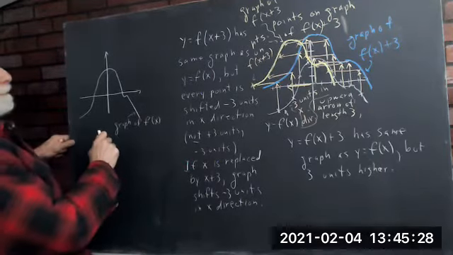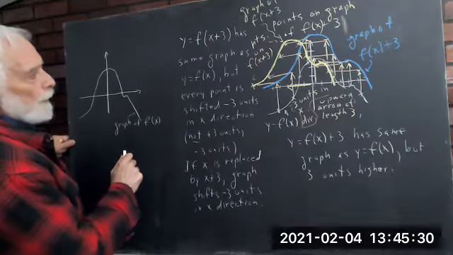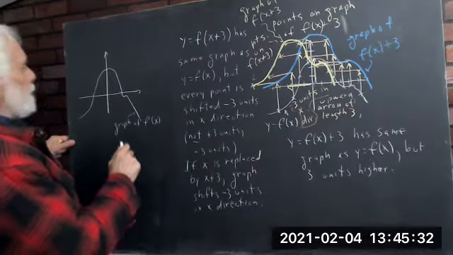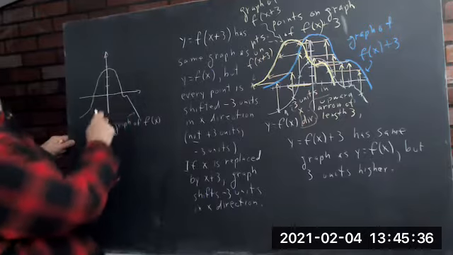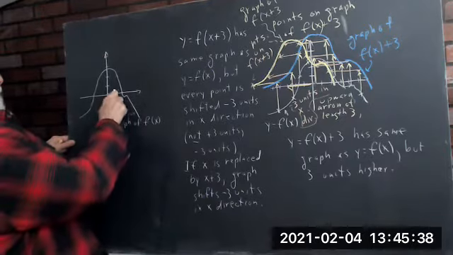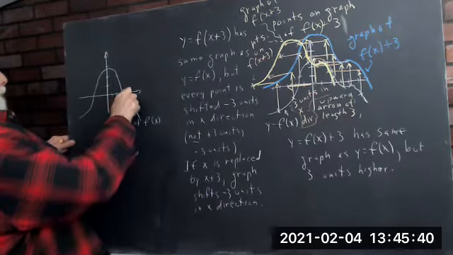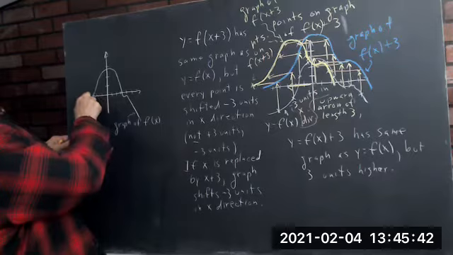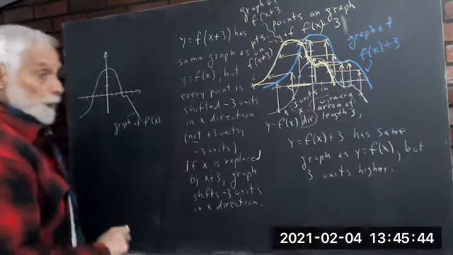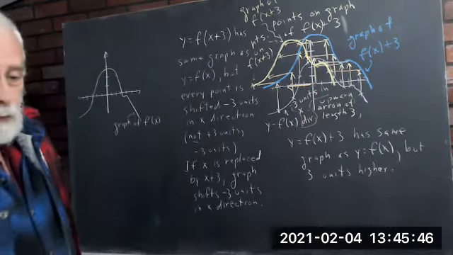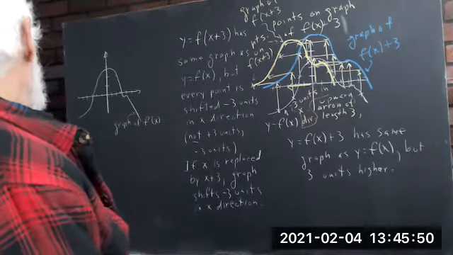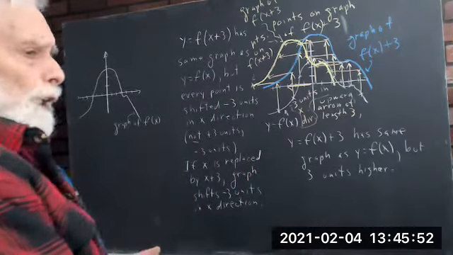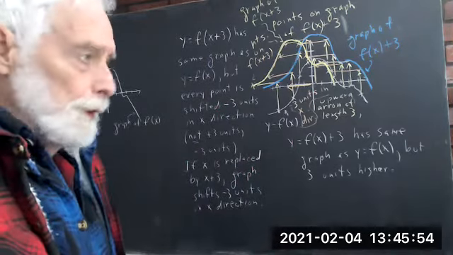And we have a scale, which might look like this, and then a similar scale over here. The x scale isn't going to matter for this graph, because now what we want to do is the graph of 3f of x. I'm going to use 3 again.